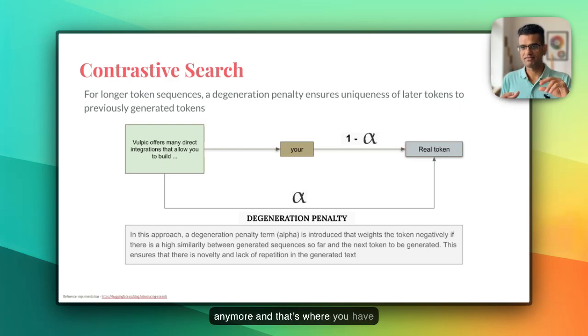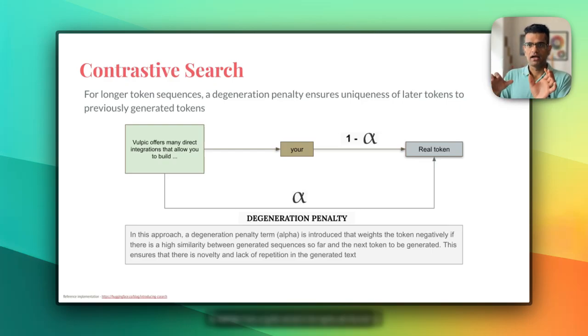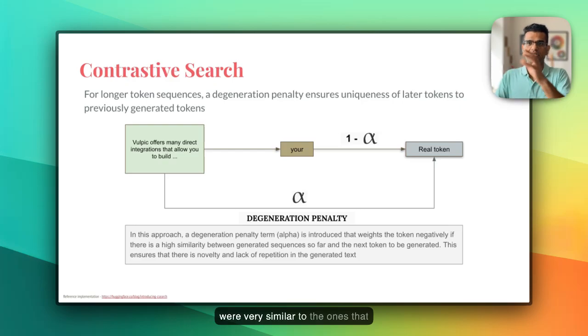And that's where you have something called a degeneration penalty, which means you introduce a parameter called alpha, the degeneration penalty, which is applied to make sure that the token that gets generated is quite different from the token, or the set of tokens, that came before, right? What used to happen was that when you generated longer sets of tokens, the style and the actual tokens were very similar to the ones that came before.